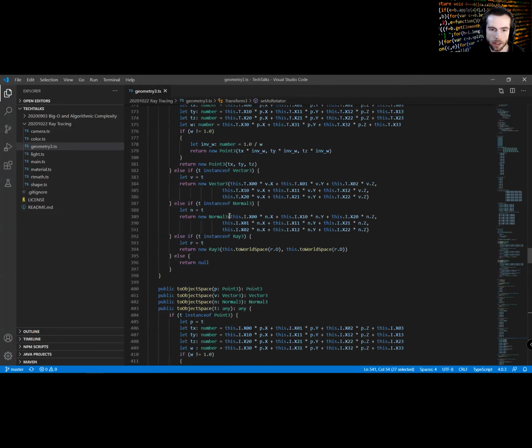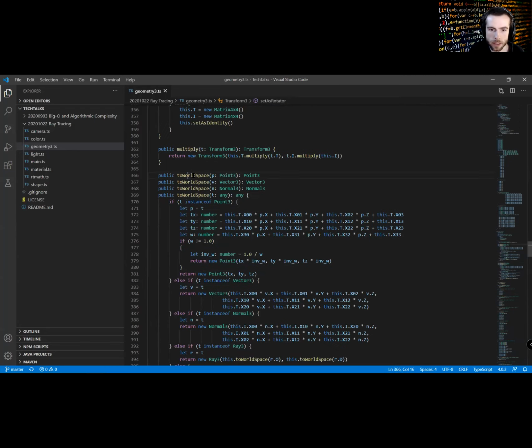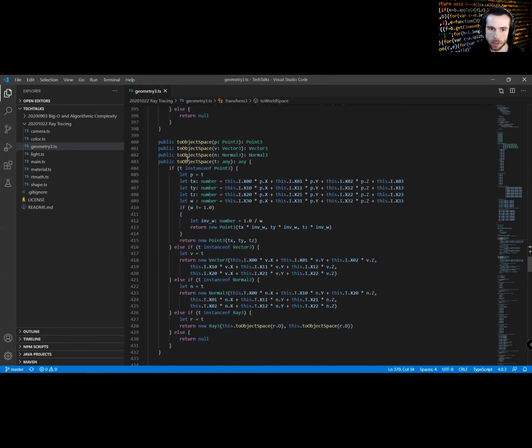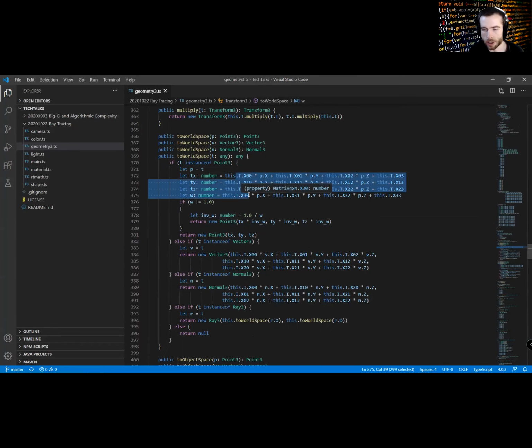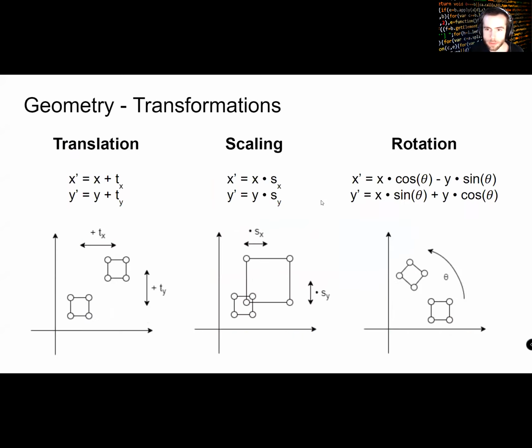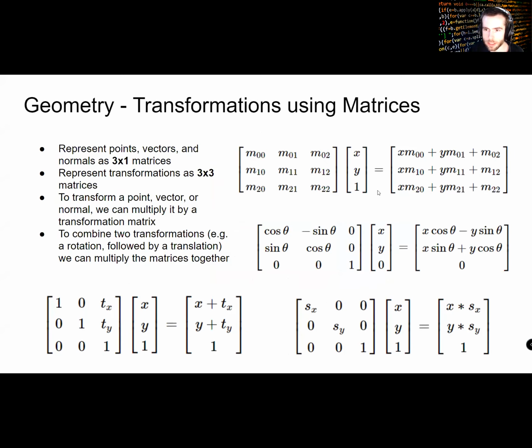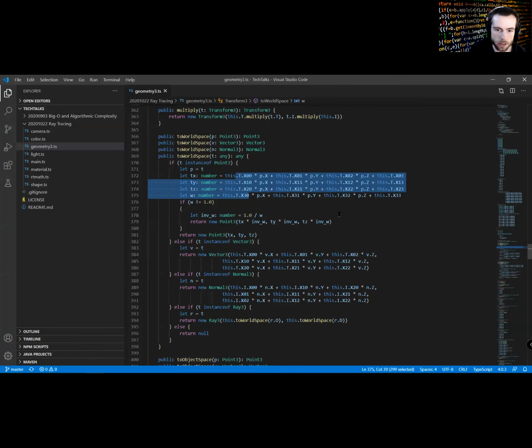And then I have some methods here to take a point, vector, or normal into world space or take it into object space. And again, these are just the formulas that we kind of looked at before. They're basically this formula, multiplying that point, vector, or normal by the matrix, but just hard coded.